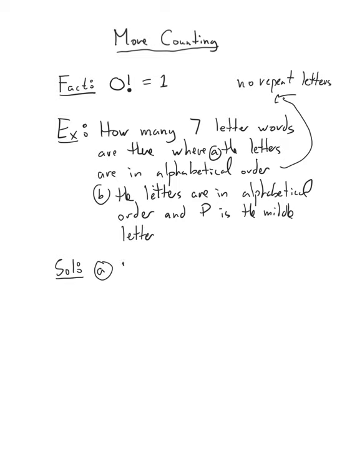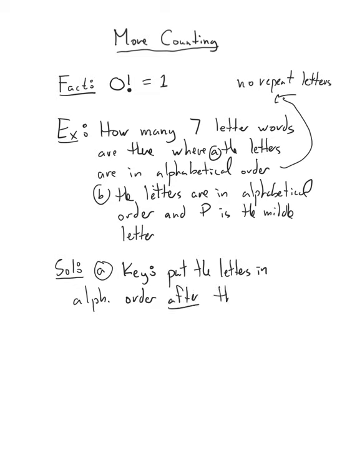So that's kind of the key to this, is put the letters in alphabetical order after they're picked. So we really just need to pick 7 letters out of 26.